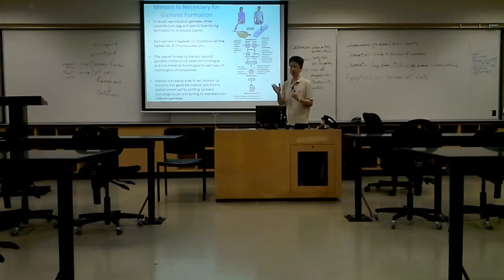The other chromosome is from the mother, the egg. Because of that, we call them the paternal homolog and the maternal homolog. Together we call them homologous chromosomes.